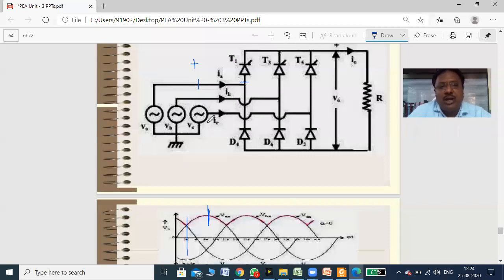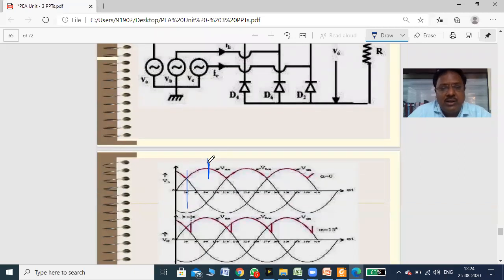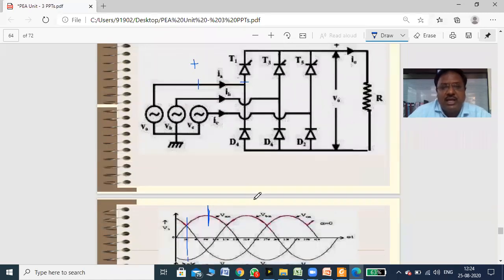So actually what happens in this particular configuration, you can see here phase A is becoming positive, and at the same time phase B is negative. If phase B is negative, the diode D6 is on. So your current is flowing from T1.